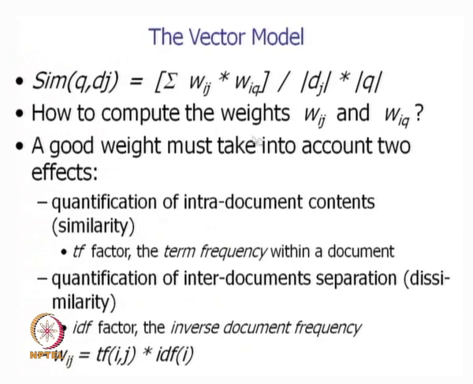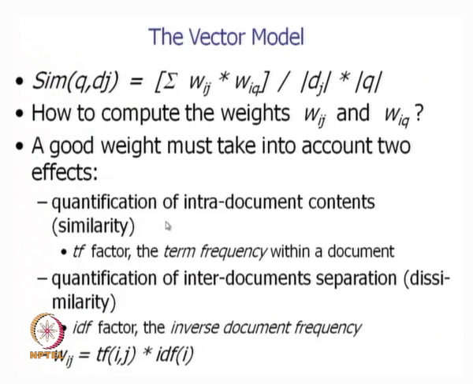A good weightage scheme must take into account these two effects: quantification of intra-document contents, which is the similarity. This is the TF factor, the term frequency within a document, and quantification of inter-document separation. This is the dissimilarity, and this is known as the IDF factor, the inverse document frequency.